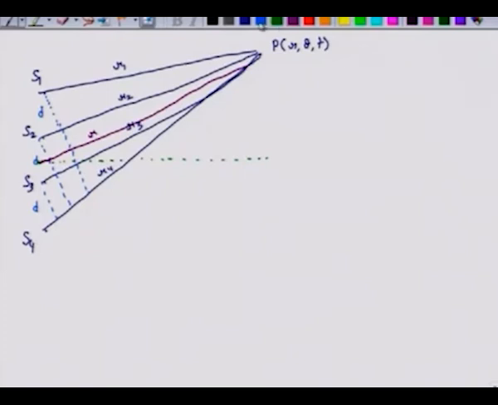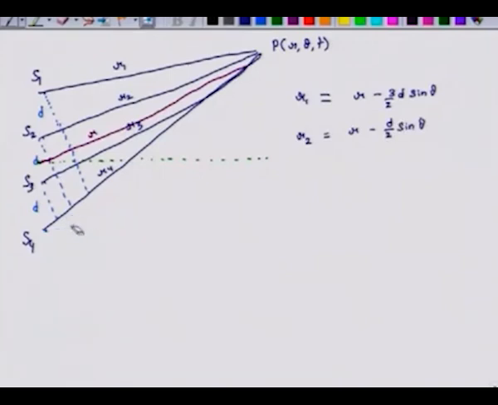So, these relations are, if this is the angle theta, then R1 equals R minus 3 over 2 d sin theta, R2 equals R minus d over 2 sin theta.